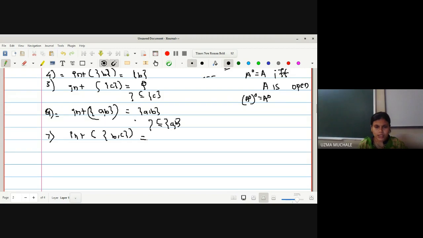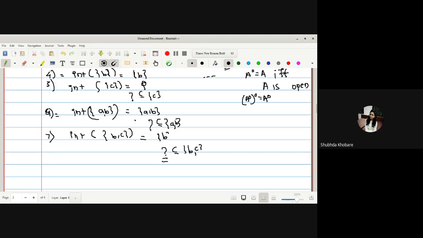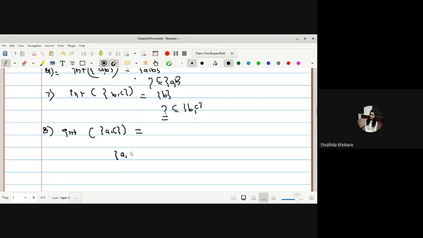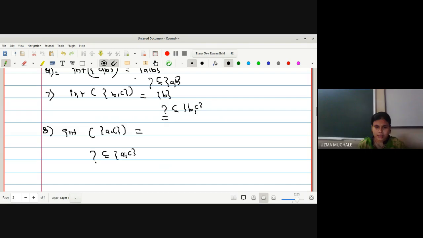Now, what is the largest open set contained in BC? Singleton B. Let us go for the next, the interior of AC. What is the largest open set contained in AC? Singleton A. Where are you collecting these sets from?